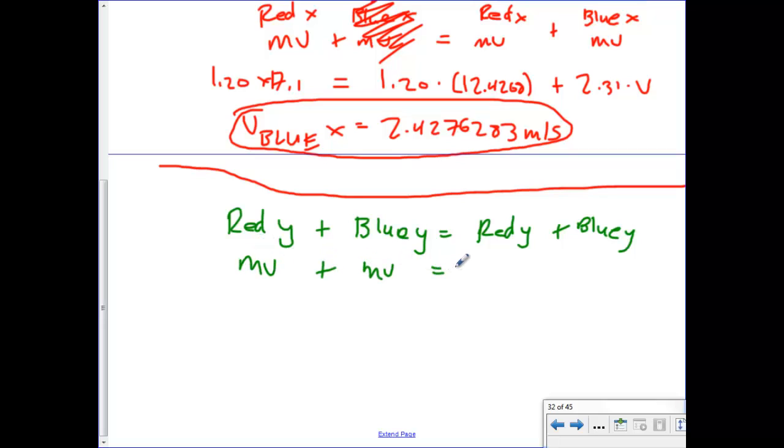Mass times velocity, mass times velocity, mass times velocity, mass times velocity. Now on this particular example, this might have been redundant to actually write this all out. Because what y momentum did the red ball have? None. And what blue momentum did it have?